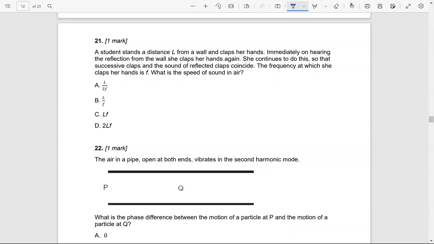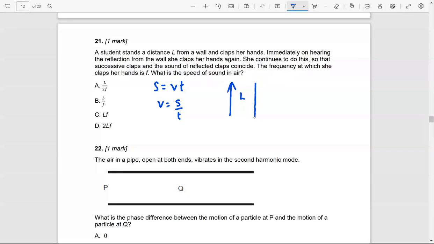Okay, so speed of sound, distance equals speed times time. Therefore, speed equals distance over time. What we know is that the frequency is linked to the time it takes for the sound to go there and back.